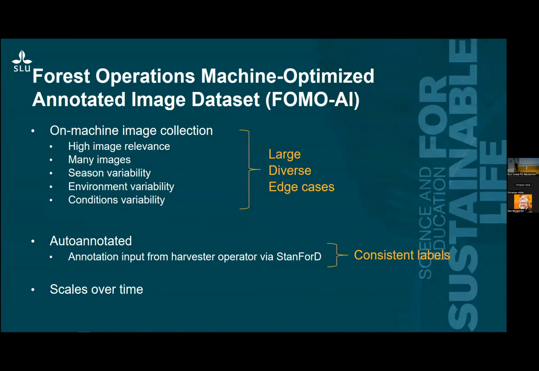And that way, we can annotate a large-scale image data set fast, cheap, and hopefully with, well, at least consistent labels, hopefully correct ones as well. And this data set, since being deployed in potentially several harvester machines across geography, we can assume it would scale over time.